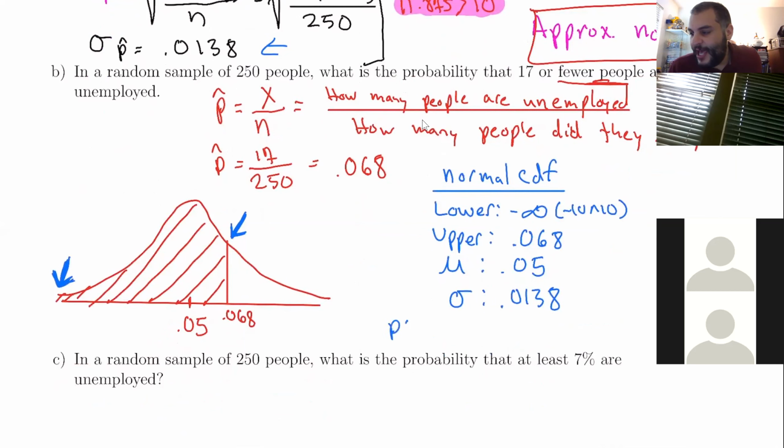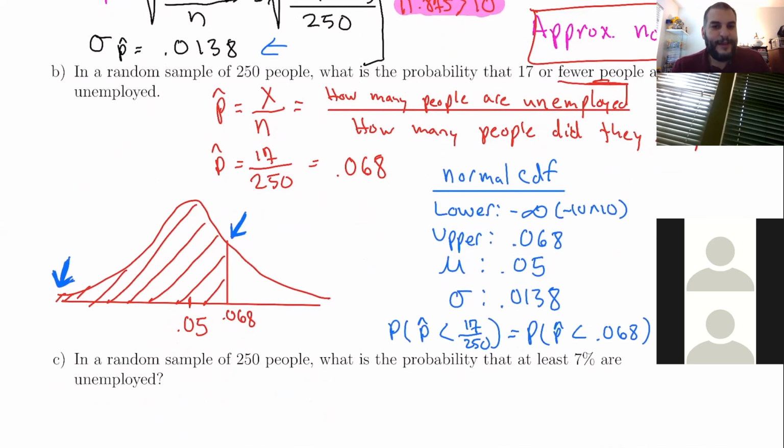It should give us the probability that P hat is less than 17/250, or you could put what that resulted in, 0.068. Both are equivalent because 17 divided by 250 is 0.068.